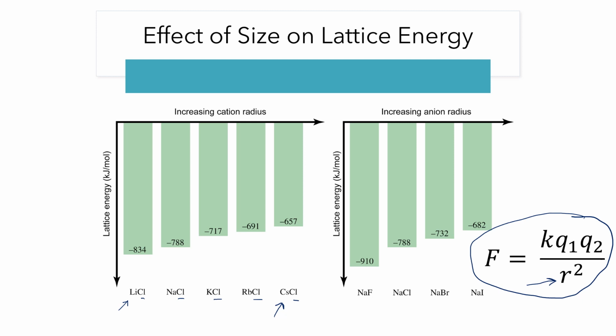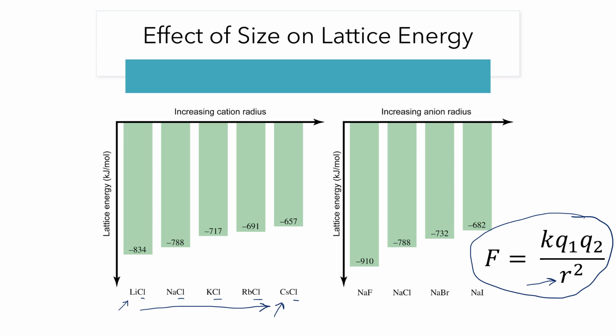So cesium is going to be bigger than lithium, and that trend will hold as you move from lithium to cesium. The cation is getting bigger, and so the separation between the cation and the anion gets bigger. And as that happens, the lattice energy gets smaller in magnitude.